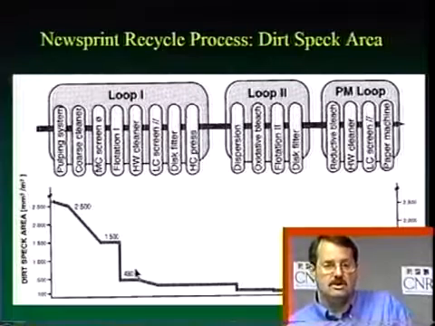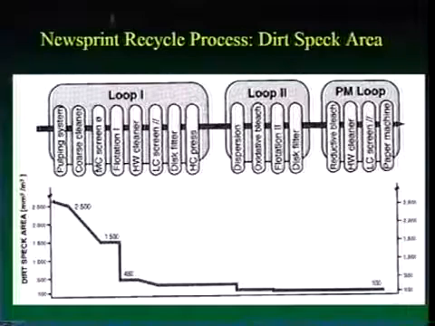And then our dirt content just stays about, takes a little drop with our cleaners and screens, and then it goes like this, and then when we disperse, we drop it down again. So our dirt speck area, our large ink speck area, decreases here because the dispersion breaks that up mechanically.